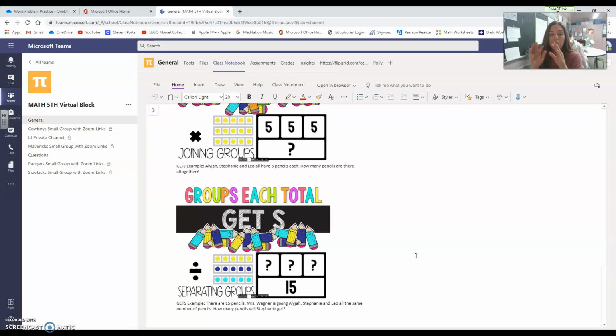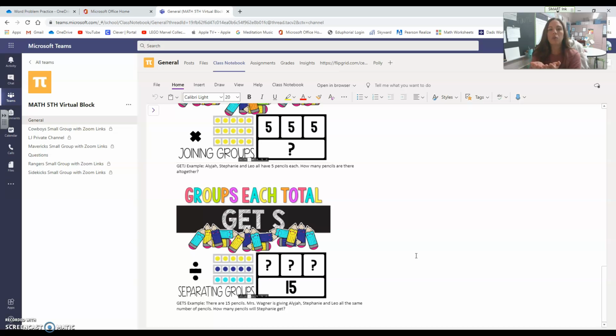In groups each total, our groups are all the same size. So for example, there are 15 pencils. That sounds like a total to me. Mrs. Wagner is giving Elijah, Stephanie, and Leo all the same number of pencils. Sounds like equal groups. How many pencils will Stephanie get?